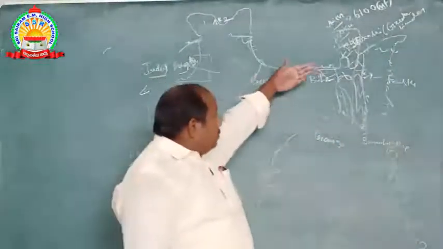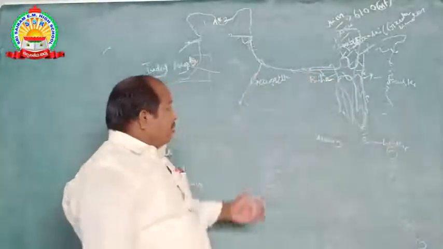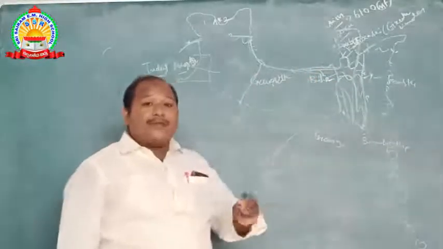In the Indo-Gangetic Plain, there are four kinds of land features.